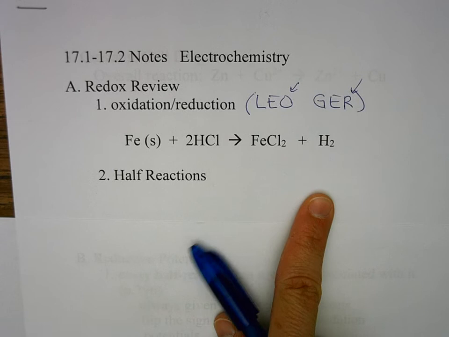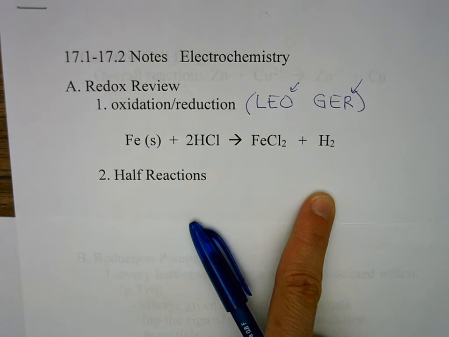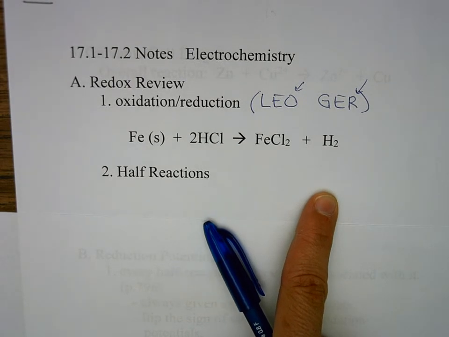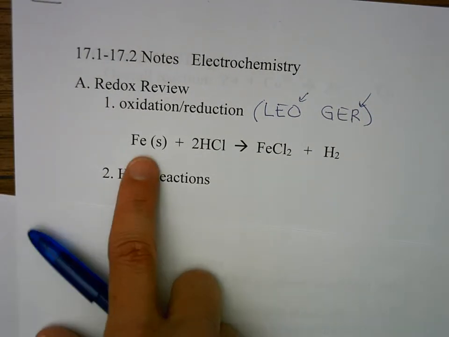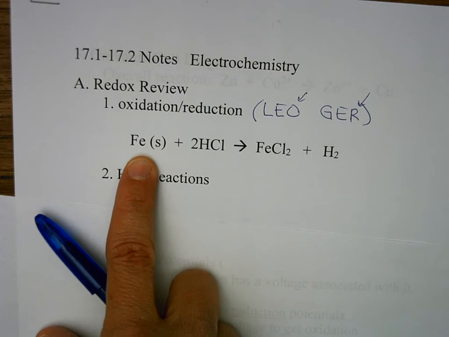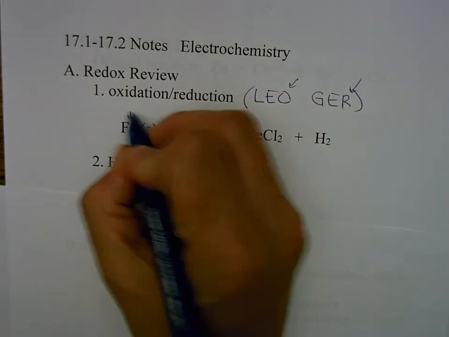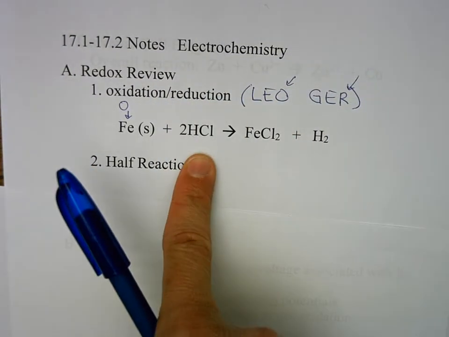In order to do that, you have to assign oxidation numbers. Oxidation numbers are kind of like charges, not exactly. It's just a way of keeping track of electrons. Looking at this equation, if I assign oxidation numbers to everything, solid iron, anything in its elemental state, would have an oxidation number of 0.